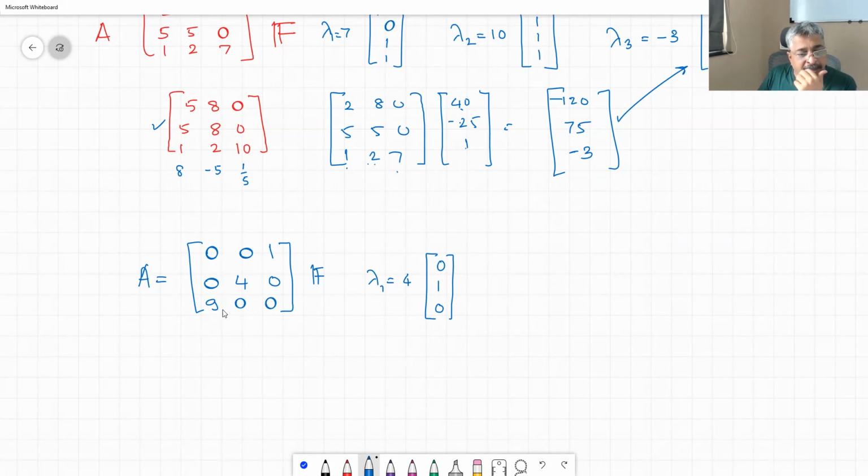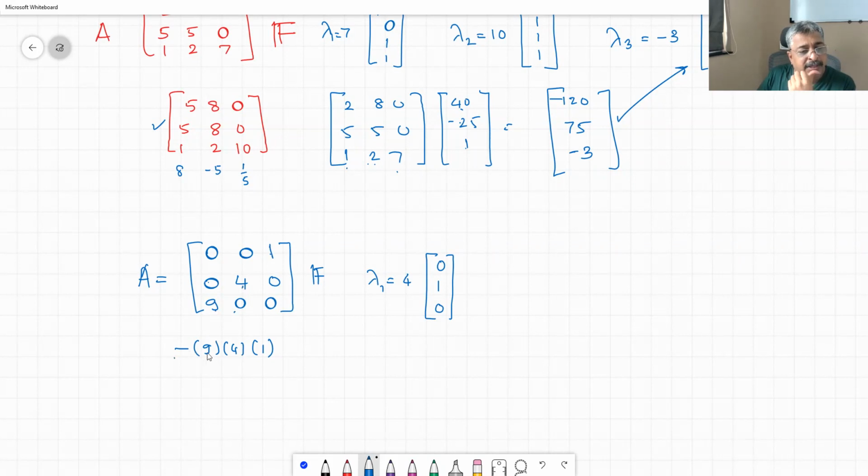The determinant of this matrix is minus of 9 into 4 into 1, because you have to expand it using the last row: 1 into 0 minus 9 into 4.